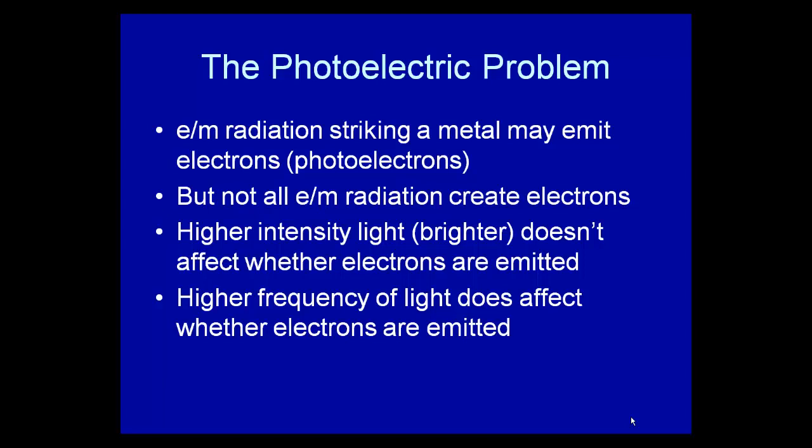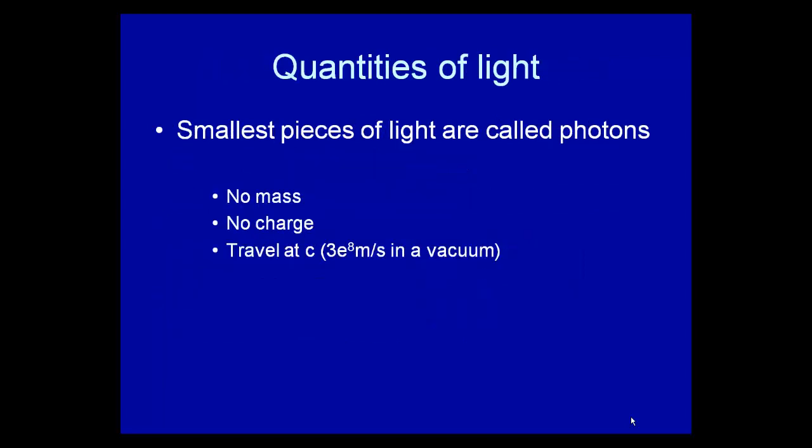So if you have a solar cell and that solar cell will not work with red light, a brighter red light is still not going to cause it to work. But a higher frequency light would. So if you then put it under, say, purple light, which is a higher frequency, then the electrons would start being emitted. And we didn't really understand how that worked.